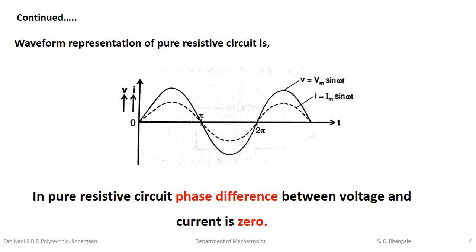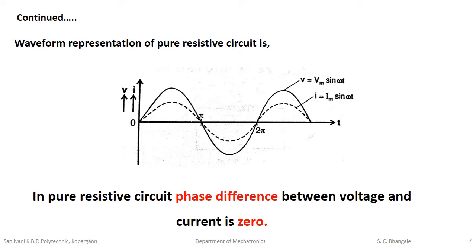Now we'll see the waveform representation of a pure resistive circuit. Consider this diagram. Here again on the x-axis time is indicated, and on the y-axis the AC alternating quantities, that is V and I, are indicated. So if we consider these two waveforms in a pure resistive circuit, the phase difference between voltage and current is zero.